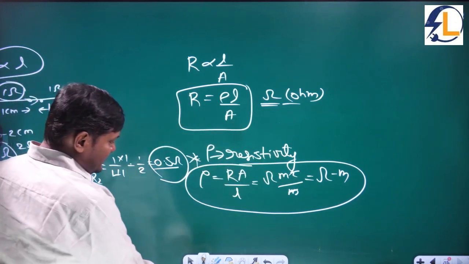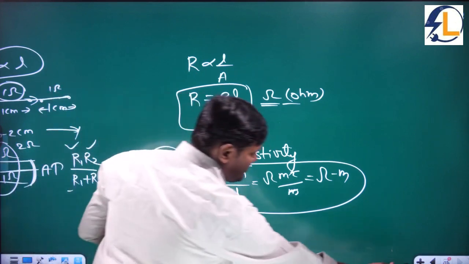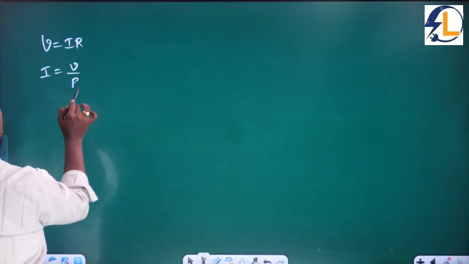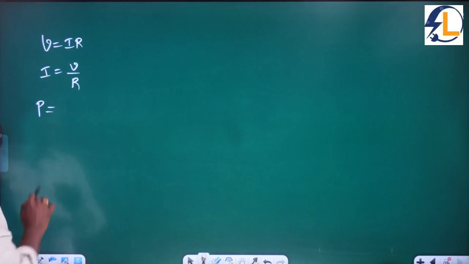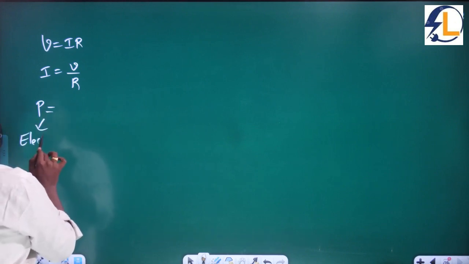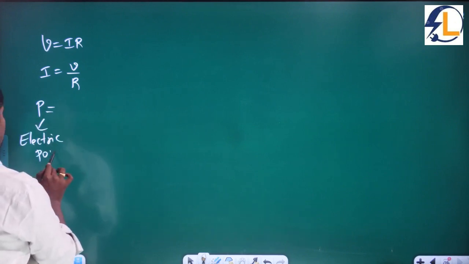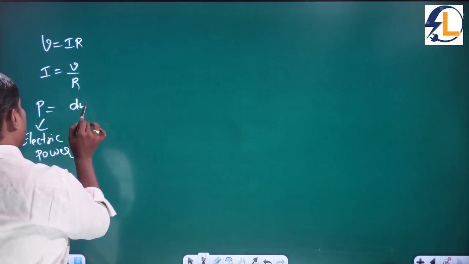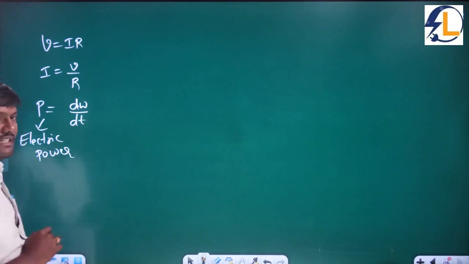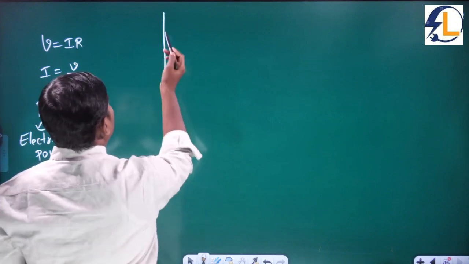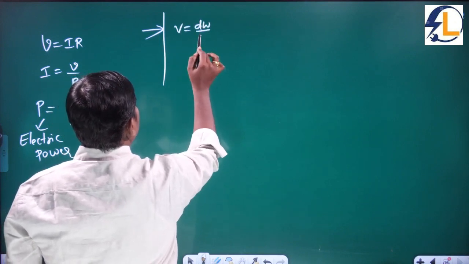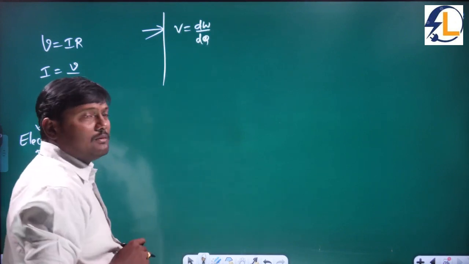So what is the V formula? V is equal to IR and I is equal to V by R. And what is the power formula? Electric power. This is also very important. The rate at which work is done is called the electric power. So what is my electric potential? Recollect that V is equal to dW by dQ.